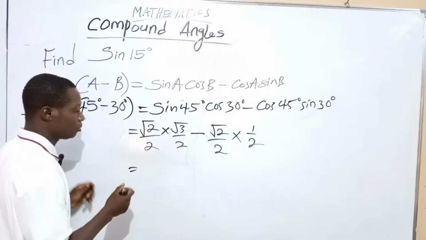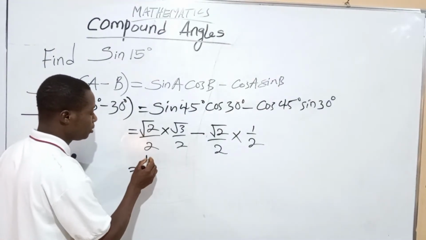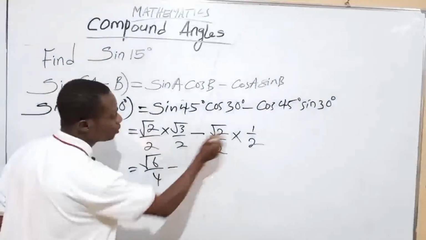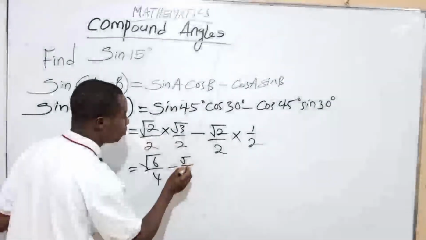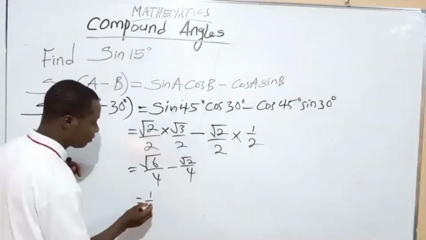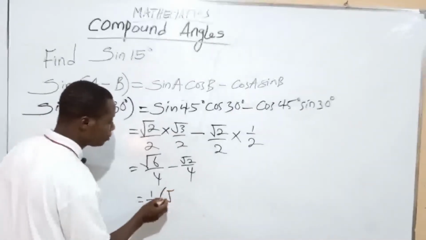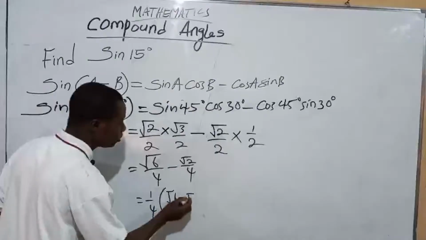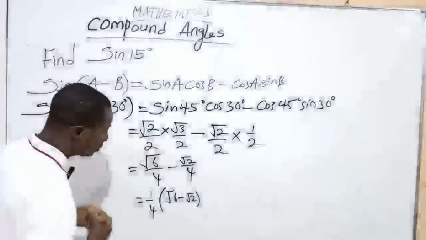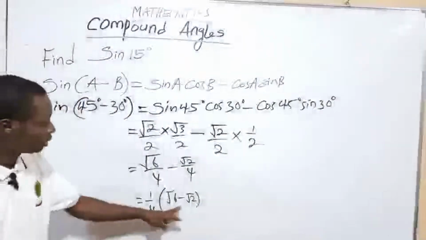Yeah, this is root 6 over 4 minus root 2 over 4. So this gives us 1 over 4, right? 1 over 4 root 6 minus root 2. All right, that is what we have.